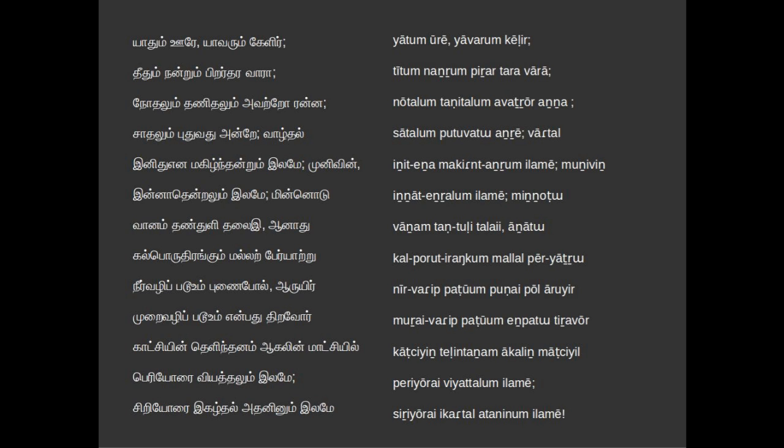Similarly, Arvir, this precious life, the life which is so dear to us, Murai Vali Padum. Murai is the order or the righteousness. Things happen in a certain order in this universe. So through the course of orderliness, it is influenced or undergoes.